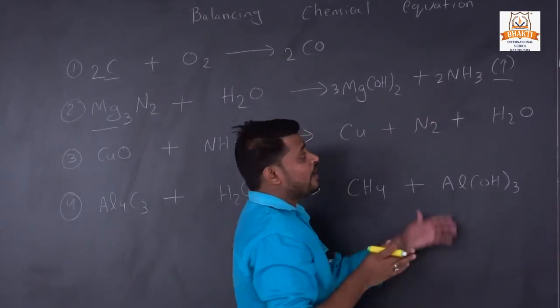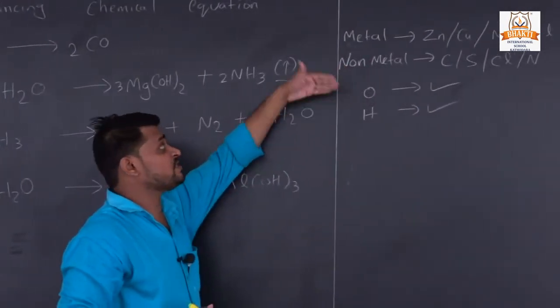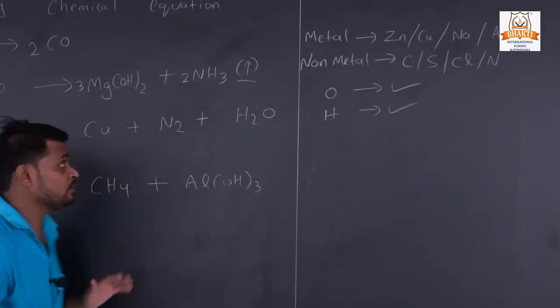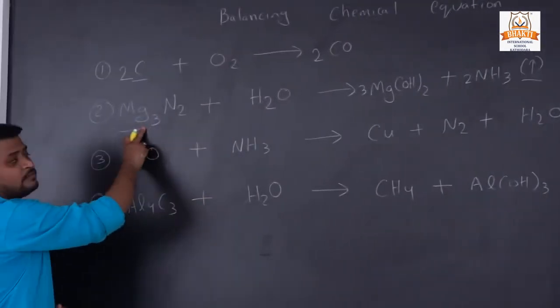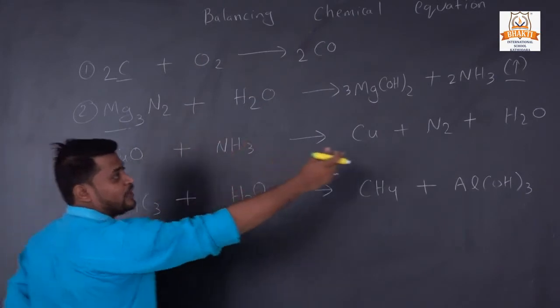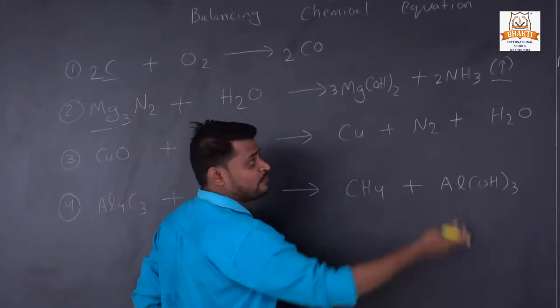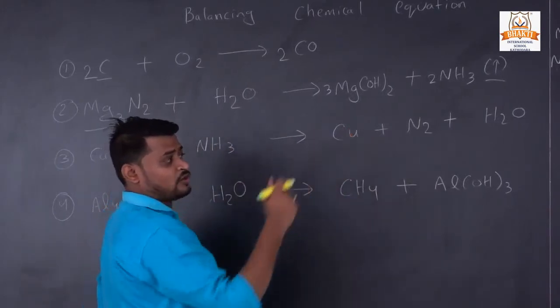What I tell you is, if we change a non-metal, then we again check whether the metal is balanced or not. Now magnesium 3, nitrogen 2, it is balanced. So go with the next step. What is our next step? Oxygen.